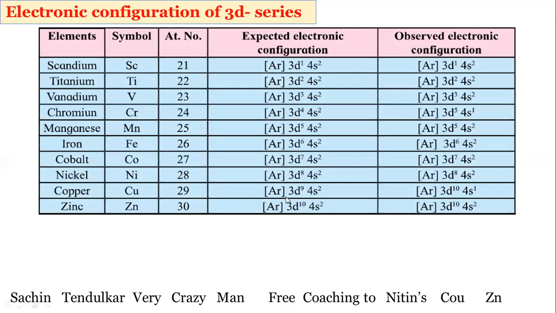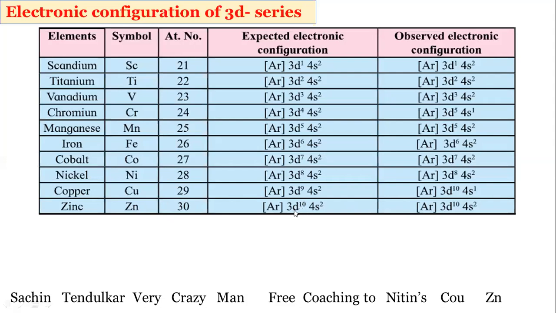But according to the IUPAC definition, if the d orbital is completely filled, it is not included in transition elements or d block elements. So according to the definition, zinc is not included in d block elements or transition elements because its d orbital is complete.